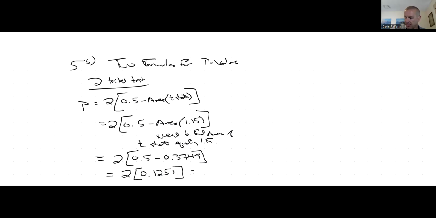And then if I multiply that by 2, that gives me a p-value of 0.2502, which is approximately equal to 0.25.